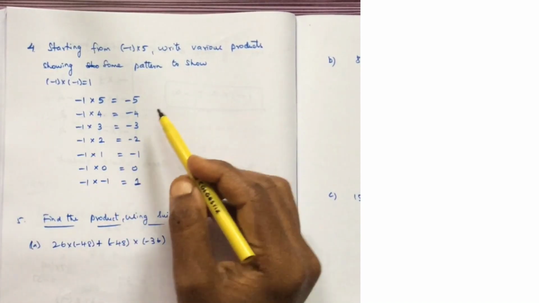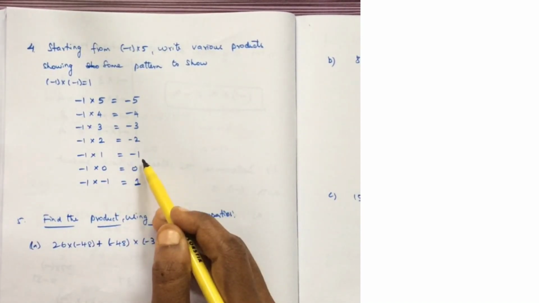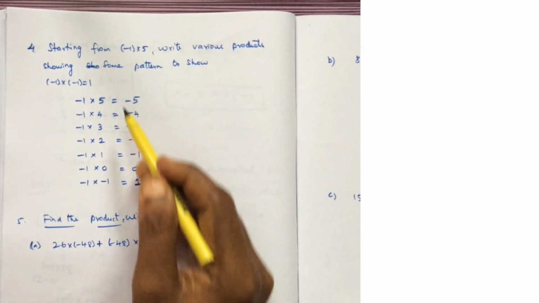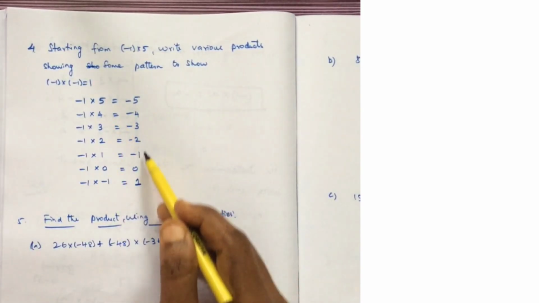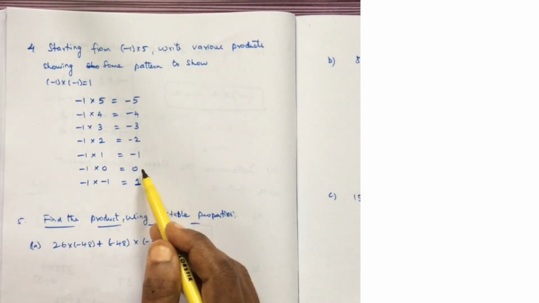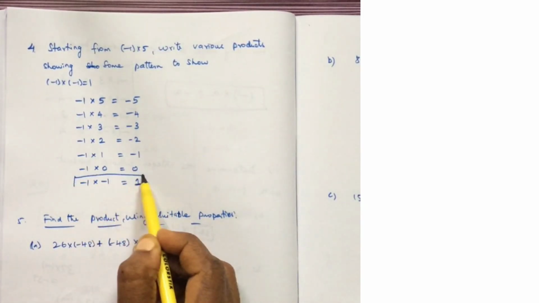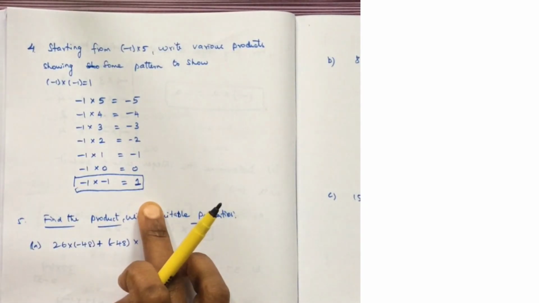So here it is minus 5, minus 4, minus 3, minus 2, minus 1, 0. Here it is decreasing by 1, and here it is increasing by 1. So surely after 0 it should be 1. Therefore minus 1 multiplied by minus 1 should be plus 1. Okay, this is the pattern.